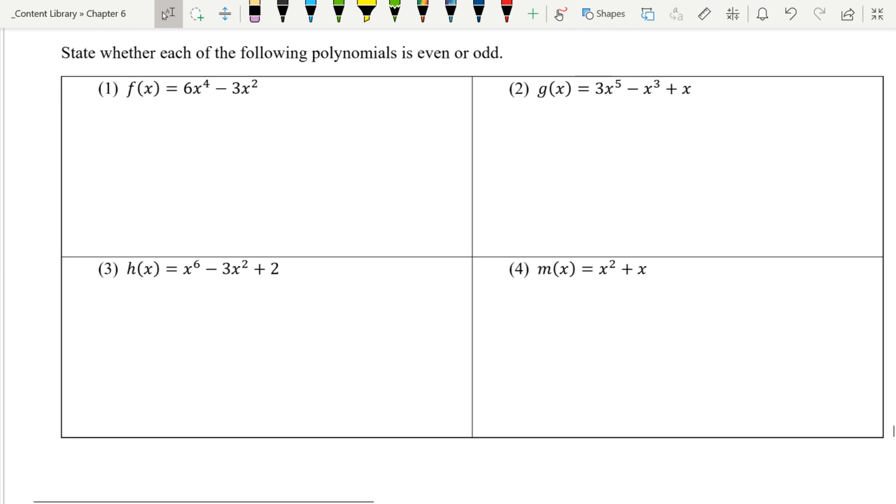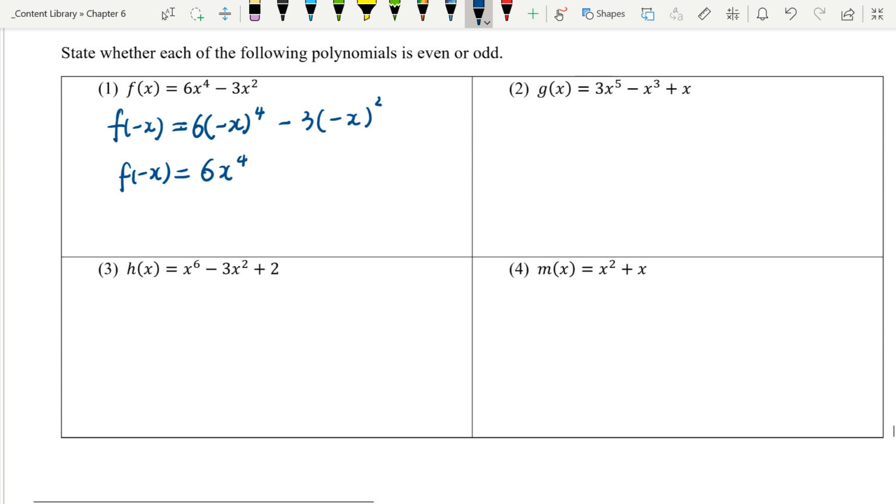So say I give you the rule for f(x). Let's see what's happening to f(-x). So let's sub f(-x) in. I need to really do the substitution. So that's 6(-x) to the power 4 minus 3(-x) to the power 2. f(-x) equals 6x to the power 4 minus 3x to the power 2, because negative to the power 4 just becomes positive.